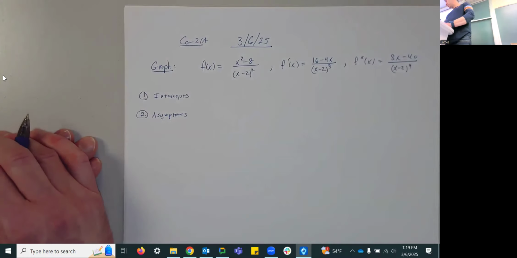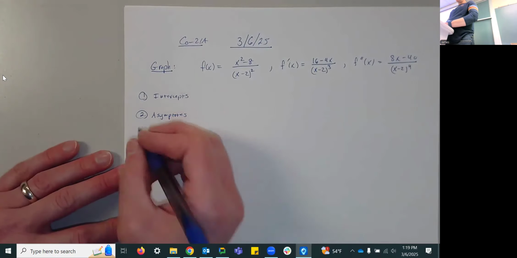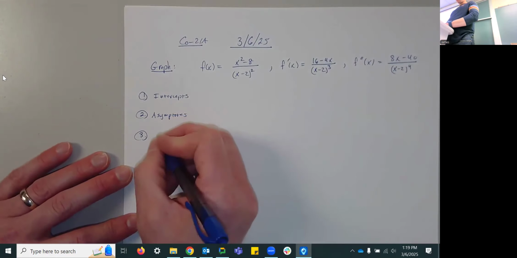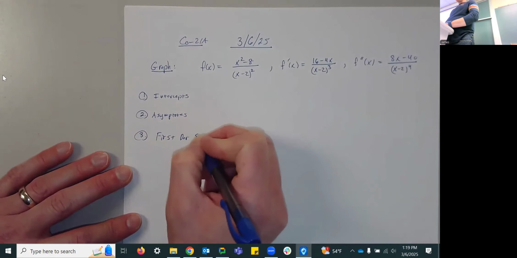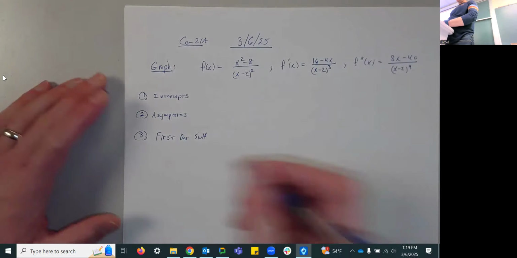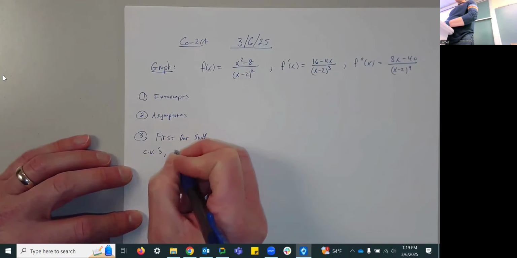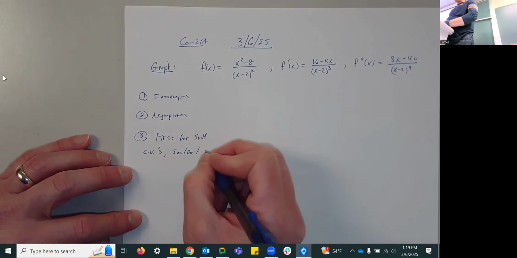I think our next example will be a little bit more explicit as to why we might hold off. Then we're going to look for what I broadly call the first derivative stuff, meaning critical values, intervals where it's increasing or decreasing, and maxes and mins, or extrema.